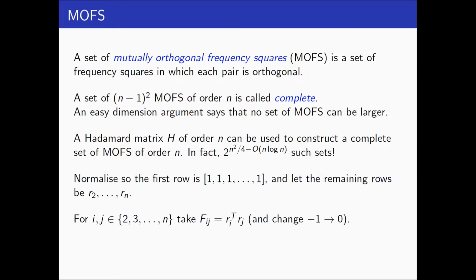And it's really that simple. So I threw one row away. I've got n minus one rows left. I can take any pair of them, not necessarily distinct. So I've got (n minus one) squared matrices, and obviously that would give me plus one minus one matrices, but then I'd change all the minus ones to zeros to fit with my definition, and it's really that simple. Okay, and you could all prove that this works in a minute.